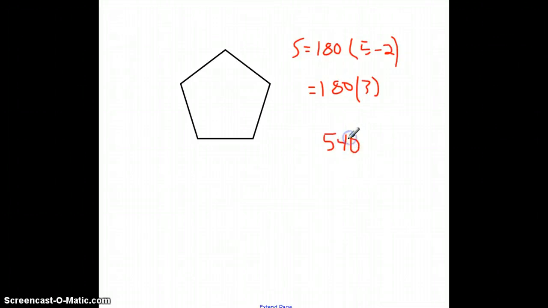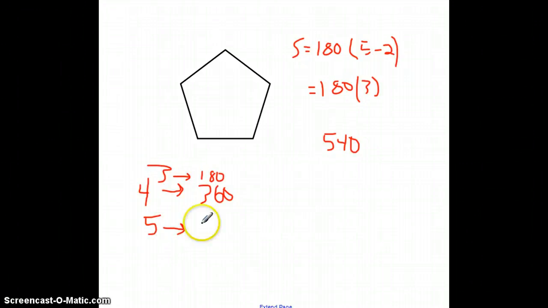Okay? Now here's what I was saying. Before, you knew a four-sided figure was going to be 360. Right? Three sides was 180. 180 plus 180 is 360. Whoops, sorry. Here we know a five-sided figure is 540.